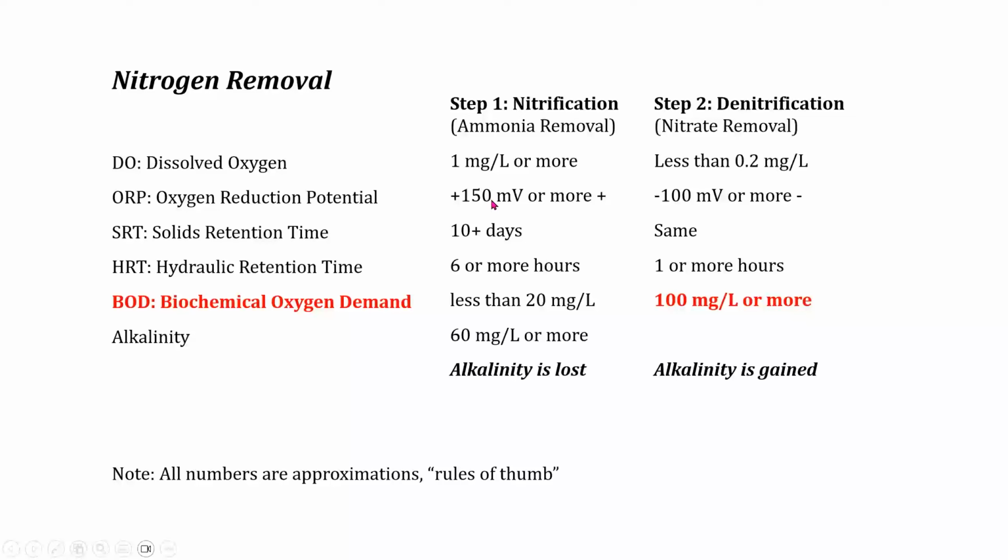Then you just refine that number, or your SRT is a different number other than 10 days. So you just start somewhere as you're working your way through these things, and then refine your targets. And then of course, the weather changes, and you have some seasonality differences as well.